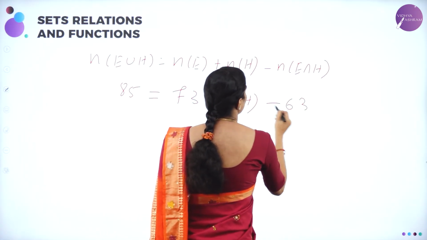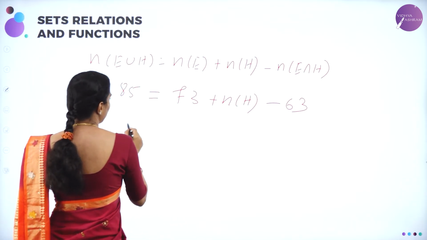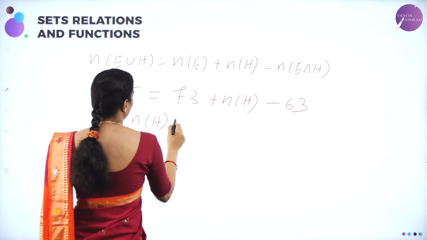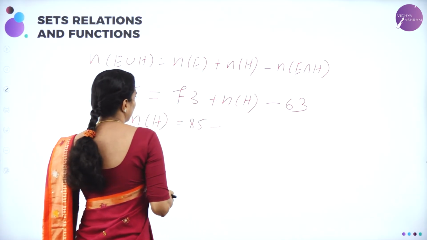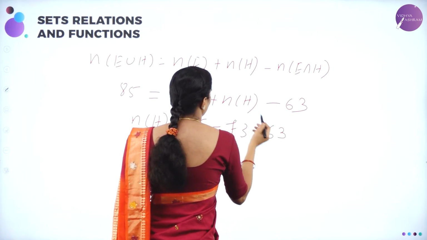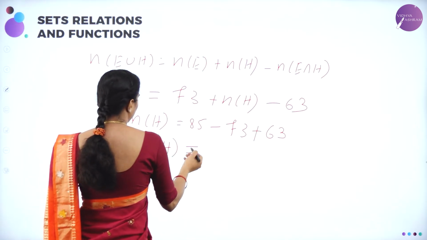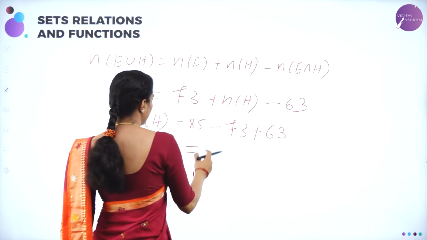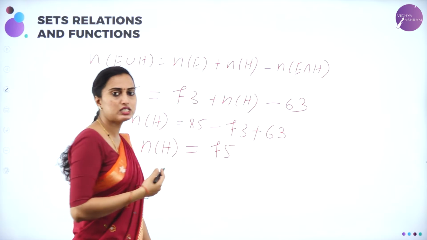So N of H I keep as it is, and take the rest to this side: 85 minus 73 plus 63. So N of H is equal to 75. Who will have passed in Hindi?